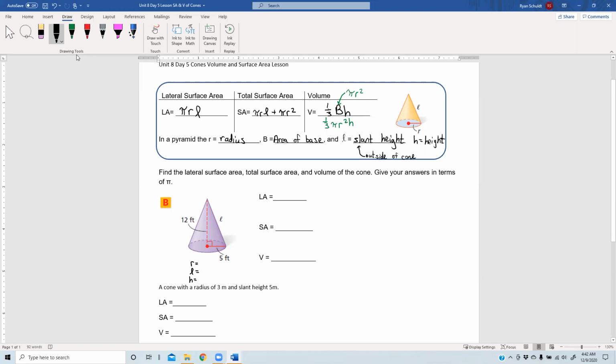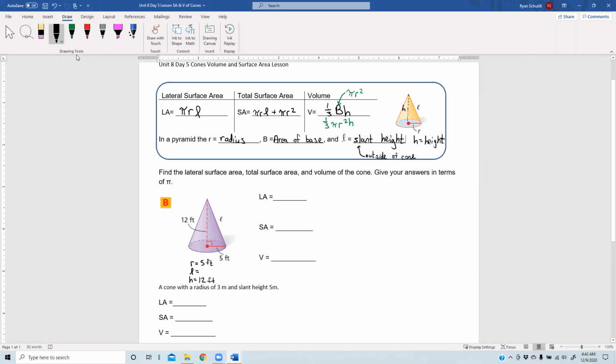Let's see. R is 5 feet. Ooh, they don't give me L, but they do give me the height is 12 feet. So I'm going to sketch this in here on our initial picture. That's our height. That way we have a visual now.